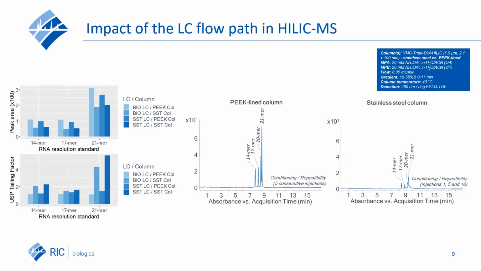In contrast, on a stainless steel column, the initial response is low and slowly increases. The RNA introduced on this column keeps sticking to the column. This is also known as passivation of the column. Nevertheless, even when the stainless steel column is completely passivated, the peak height and area remain substantially lower compared to those obtained on the peak-lined column.